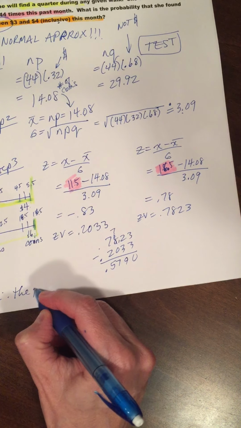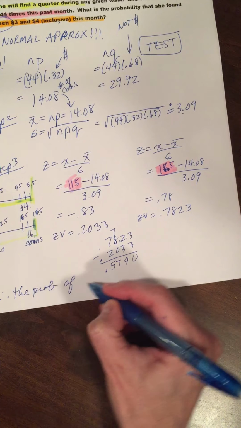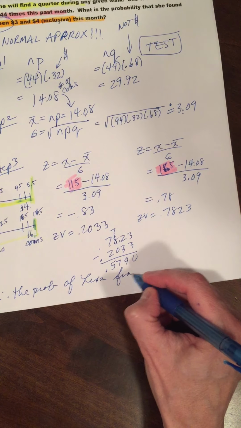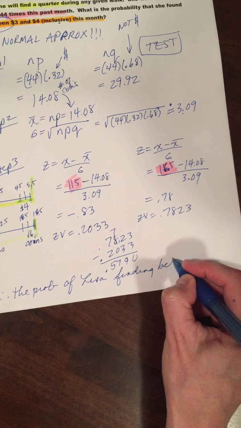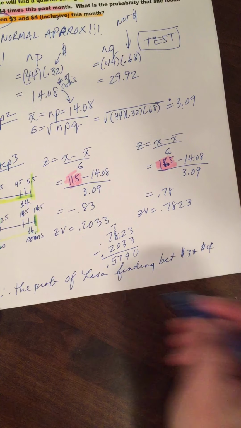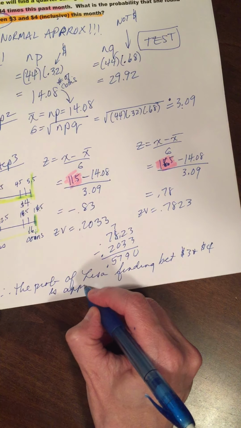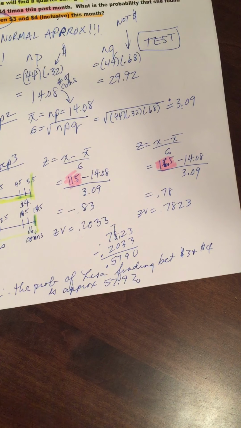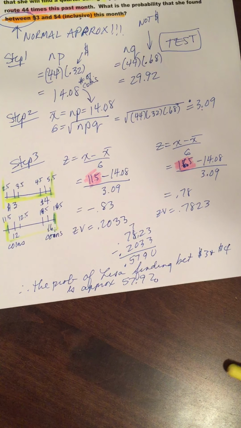Therefore, the probability of Lisa finding between $3 and $4 is approximately 57.9%. Okay, love this question for this little tidbit right here. It's just kind of a cool question, right? Okay, let's keep going.